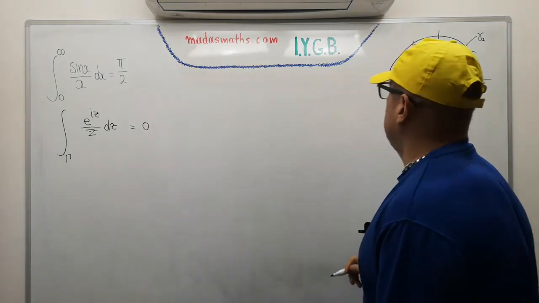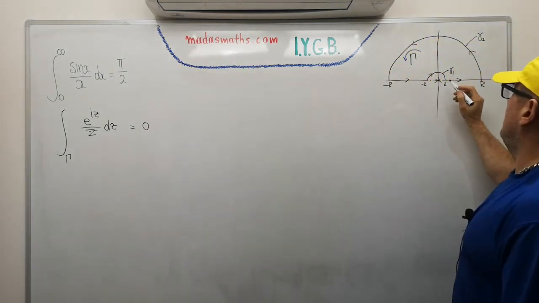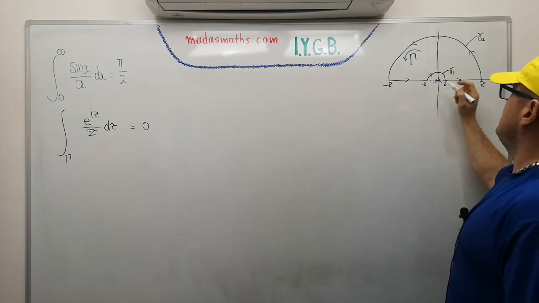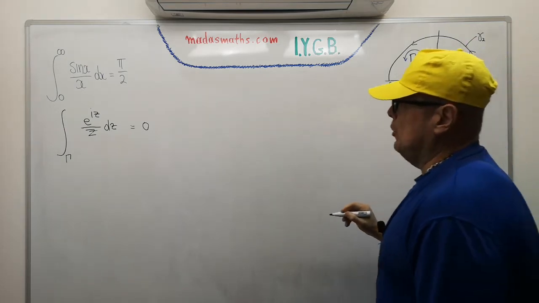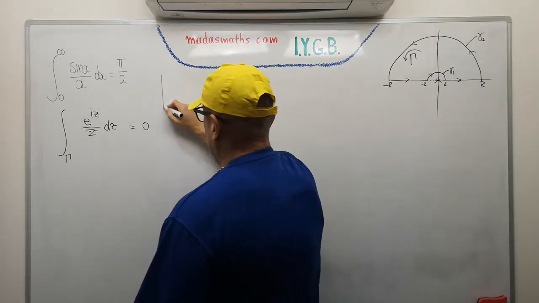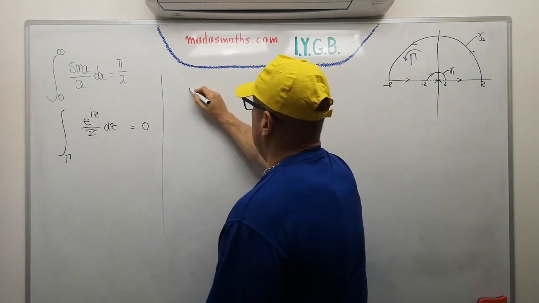So we're going to split this particular contour now into two straight line segments, the semicircular arc around gamma 1 and around gamma 2. So I'm going to do that here somewhere.